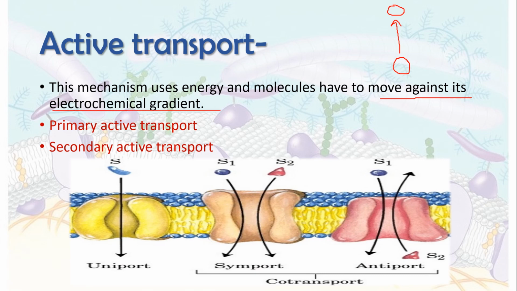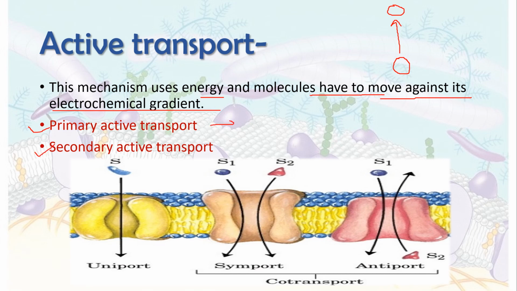This mechanism uses energy, and molecules have to move against their electrochemical gradient. Basically, it is also of two types, primary active transport and secondary active transport.